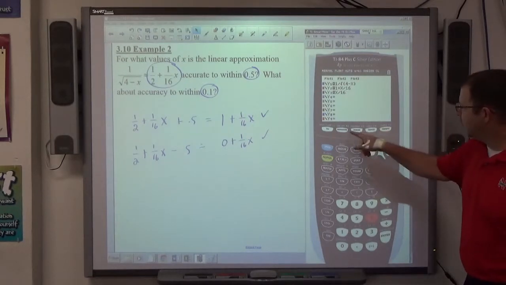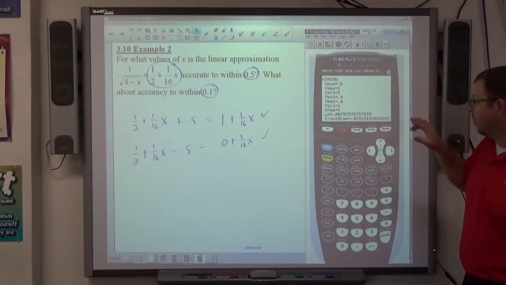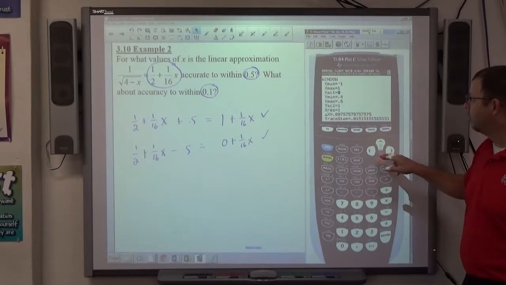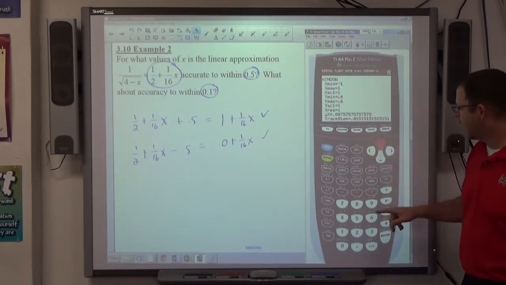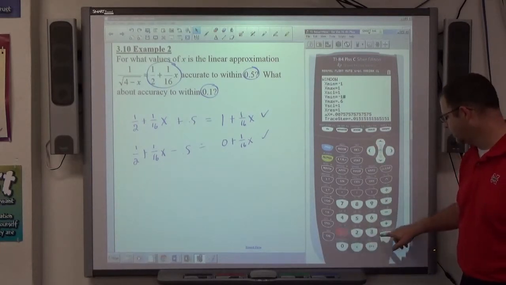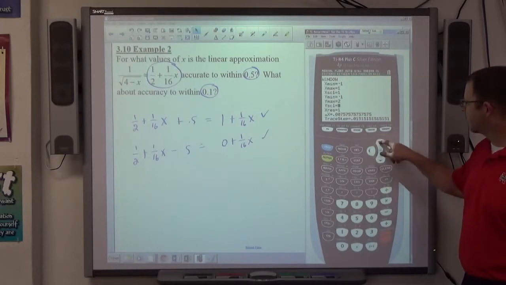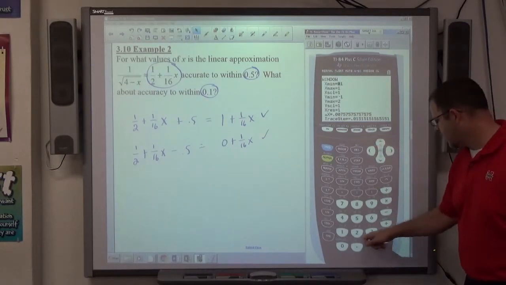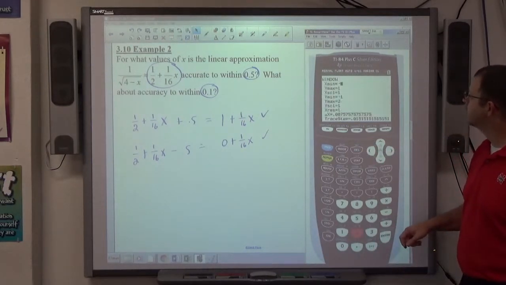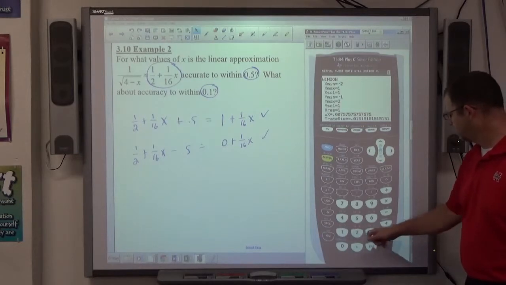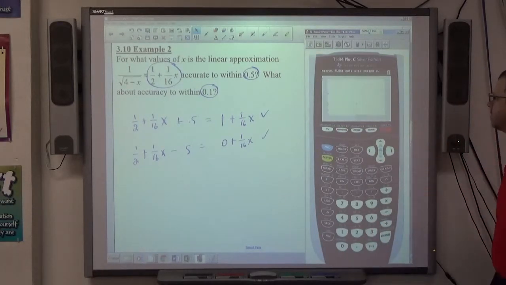And if I change my window now, we've been really zoomed in before, I'm going to make it go from 0 to 2 here. Well, actually, let's go from -1 to 2. All right? And let's go from -2 to 2 on the x also, because we're not sure yet. -2 to 2. Uh-oh. All right, hit graph.